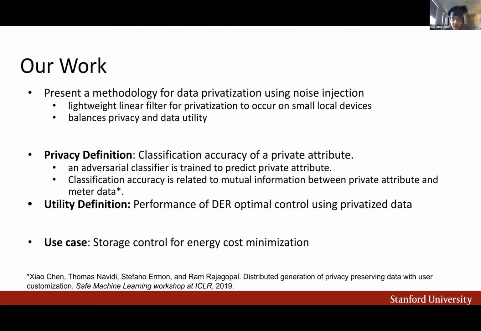In our context, the privacy definition is the correlation or the classification accuracy of the private attributes. The adversary classifier here is trained to predict the private attributes, and then the classification accuracy is related to the mutual information between the private attributes and the metadata.